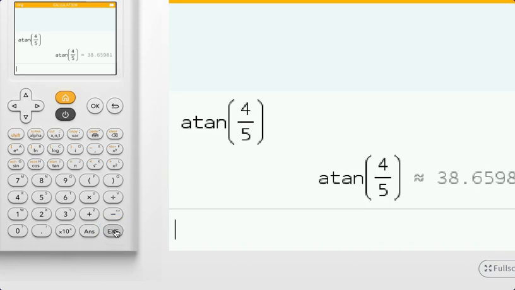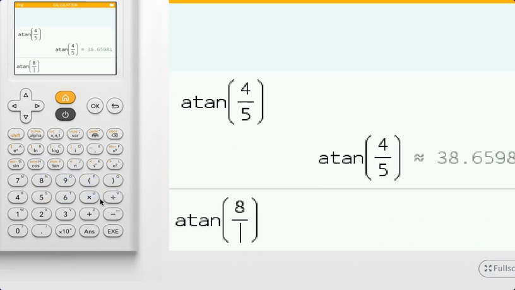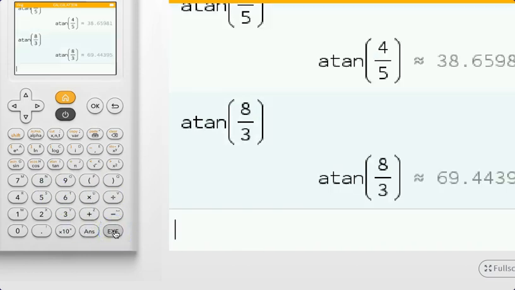We just need to write 3 significant figures, so we round up 0.6 into 0.7. And in the second case, shift tan and put the number, 8 divided by 3. Okay, 69.4 something, so only three significant figures, rounding up the last one, and that answer is 69.4 degrees.